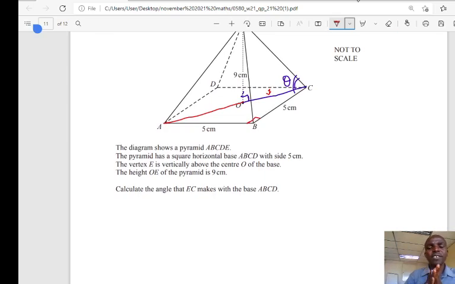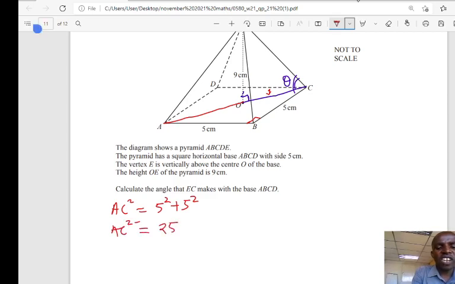Using Pythagoras theorem, AC squared is equal to 5 squared plus 5 squared, which is 25 plus 25, so AC squared is equal to 50.